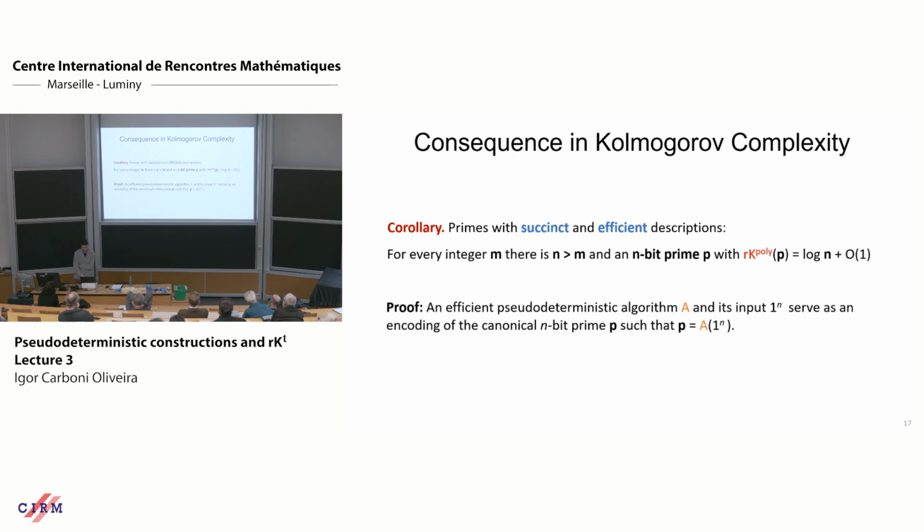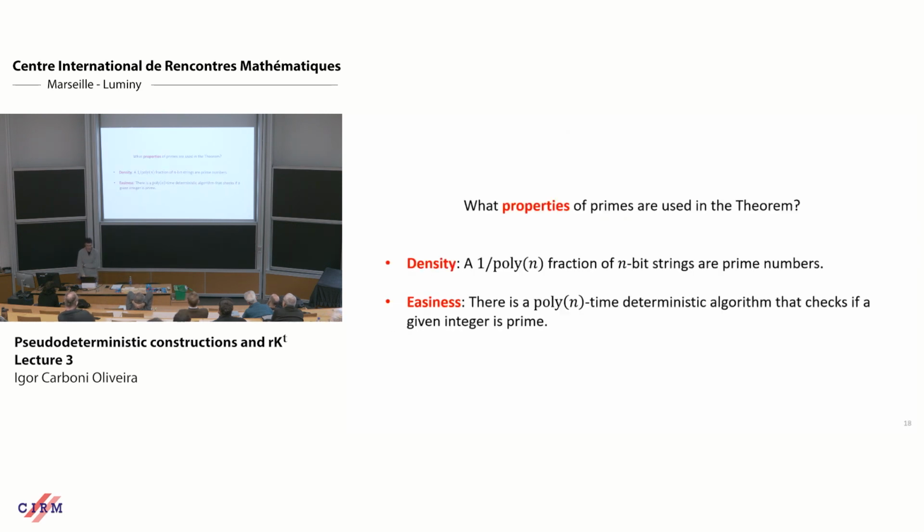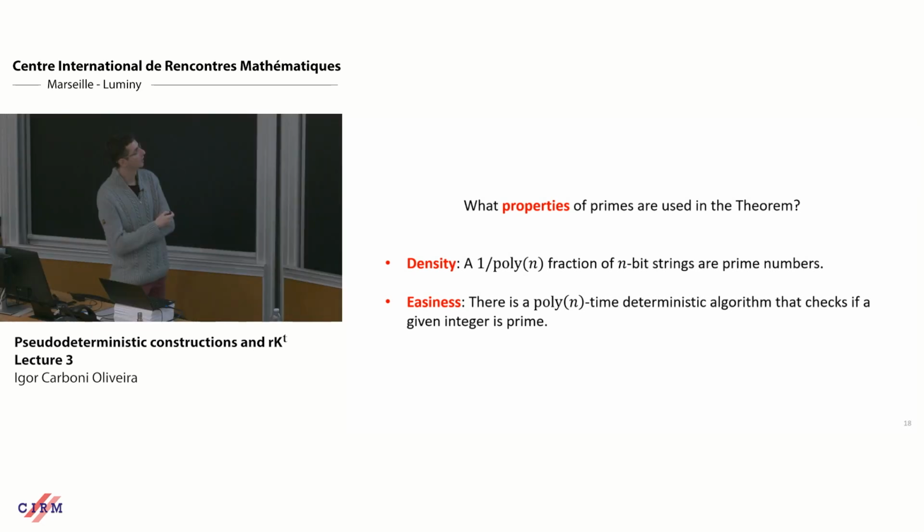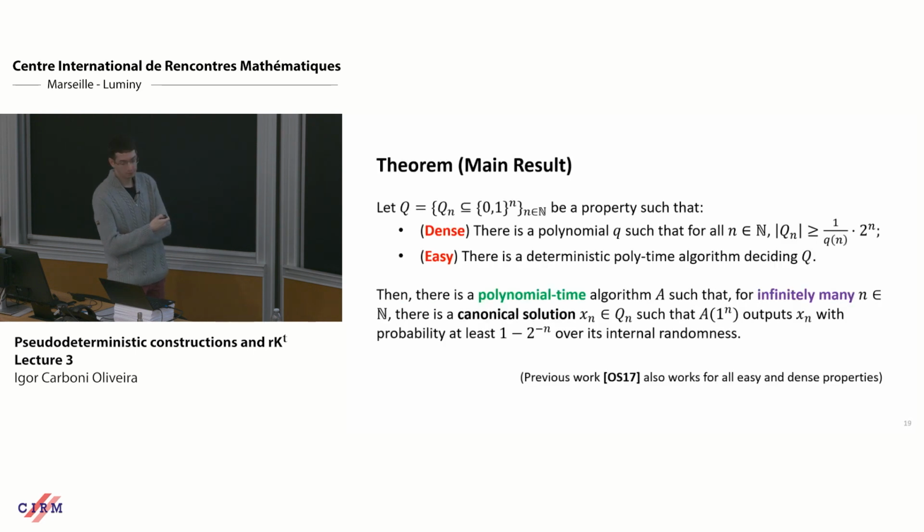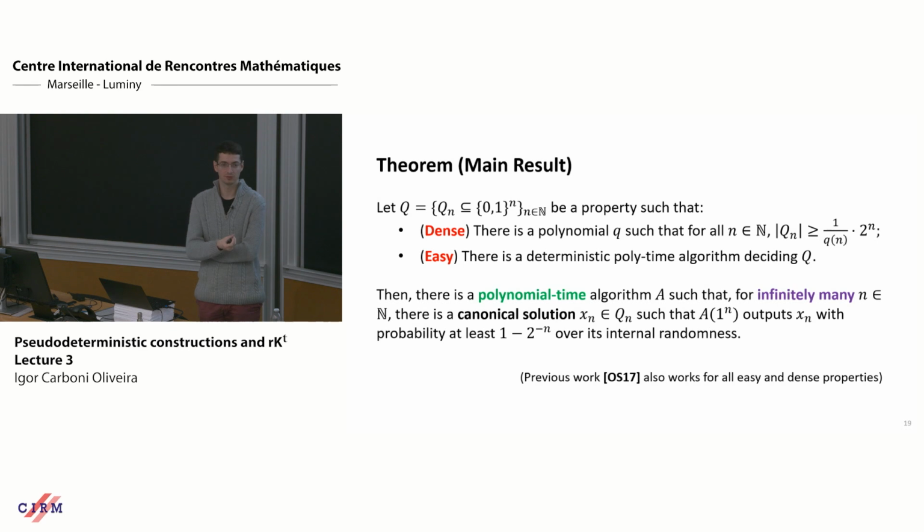Okay, so now let me discuss the more general form of the theorem. It turns out that the only properties of primes that we use in this proof is that they are dense, and it's easy to decide if a given integer is prime. And the most general result that we have in this work is that we can have the same algorithm with similar properties for any dense and easy property Q. Okay?